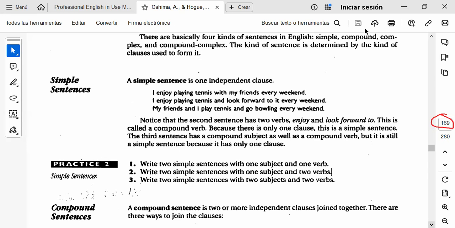With two verbs, it could be I try to work very hard. Very good, very good. Now, write two simple sentences with one subject and two verbs.